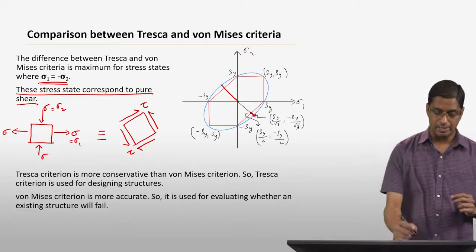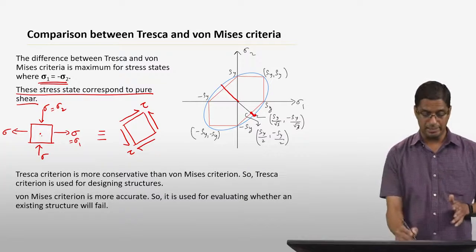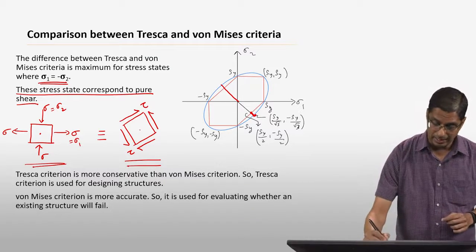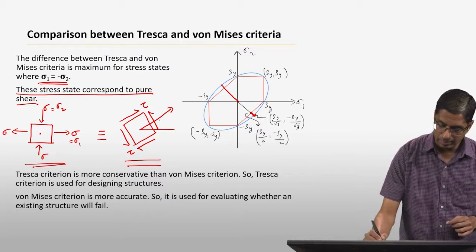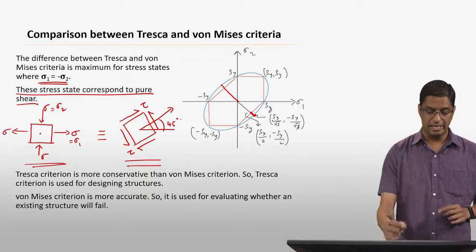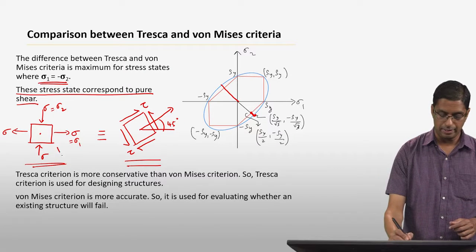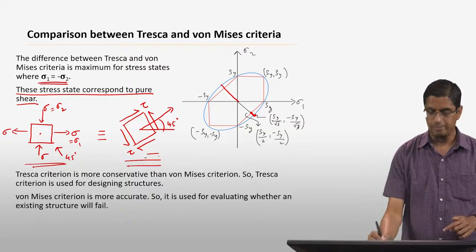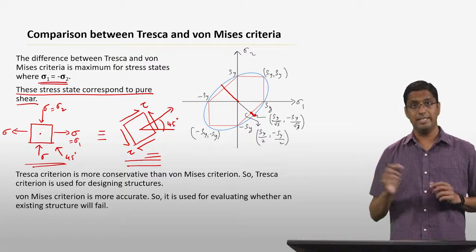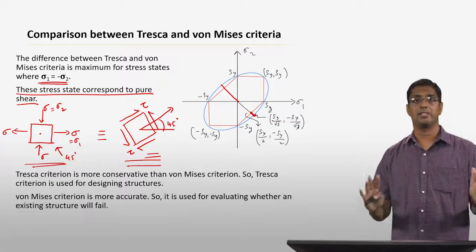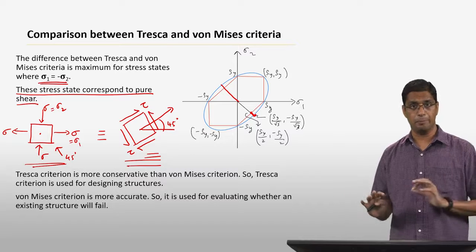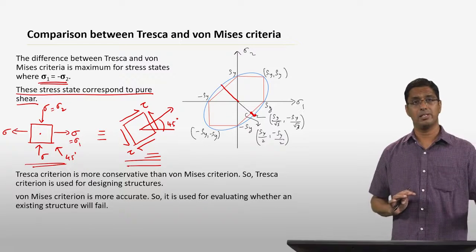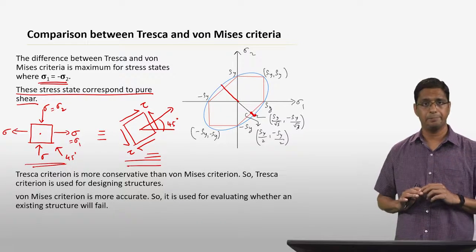The stress state at this point represented by the left figure is equivalent to the right figure, except that now this angle is going to be 45 degrees. If you take this square and rotate it by 45 degrees, you will get this state. And now in the state on the right, you have only shear stresses. The normal stresses on all the four planes are equal to 0. So it is only for these stress states that you have a maximum difference between the von Mises criterion and the Tresca criterion.